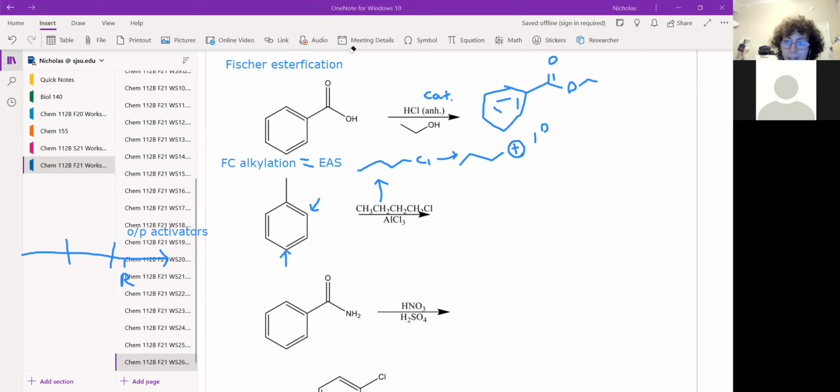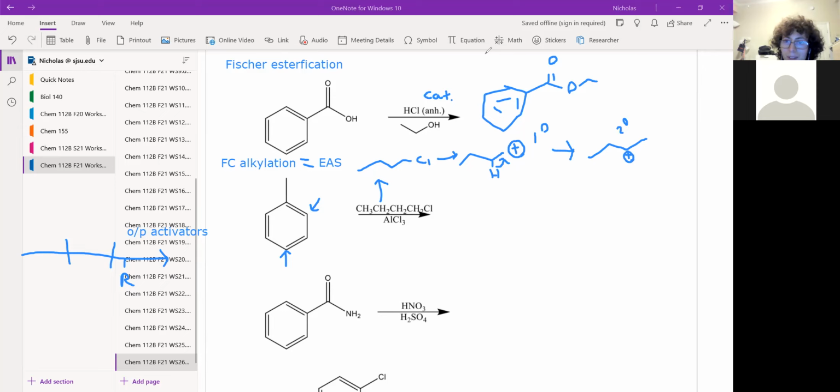So it can do a hydride shift, yeah. Because remember, the more substituted a cation is, the more stable it is. So because we go from primary to secondary, you're making it more stable. So that can and it will happen a lot, probably.